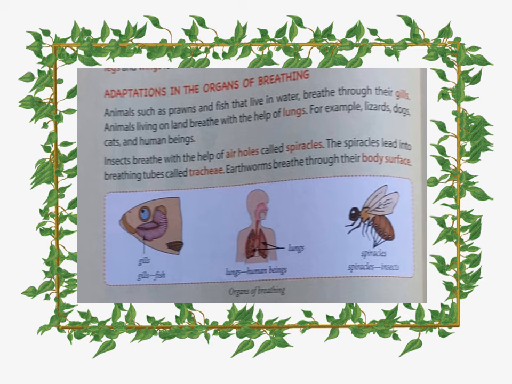Next one, man. It shows the lungs. Lungs take the air inside and use the oxygen, and when they contract they push the carbon dioxide-rich air into the environment. Another one, spiracles are present in insects. Got it? Okay.